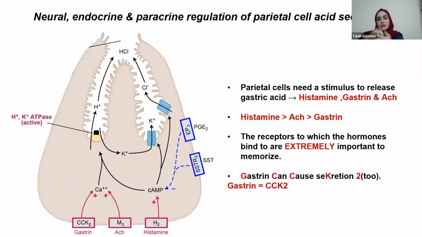The somatostatin receptor is so easy to remember. Why? Because SST, somatostatin, SST, and then you just add an R. R stands for receptor. So somatostatin receptor. Somatostatin will bind to SSTR2, and then it will cause the decrease of cAMP.